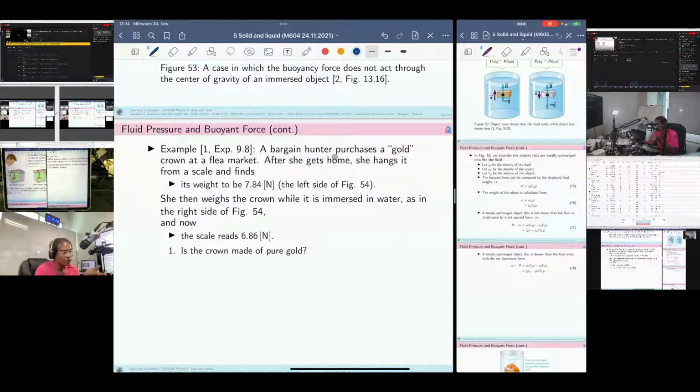It's not he, okay, it's not male, it's female. After she gets home, she has bought a gold crown at a flea market. When she went home, she hung it from a scale and finds its weight to be 7.84.